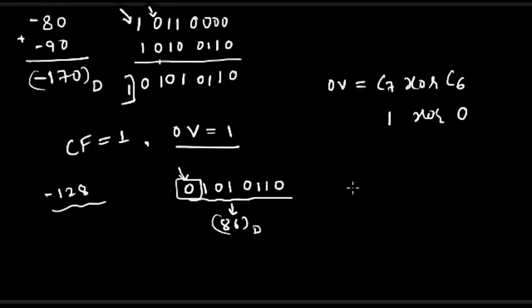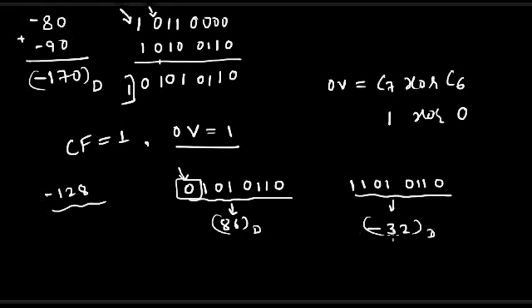We complement the signed bit and we get 1, and we keep the remaining answer the same as before, which is 1 0 1 0 1 1 0. We get this result, and if we calculate the magnitude of this, it is nothing but minus 32 in decimal. So now we have got the right answer.